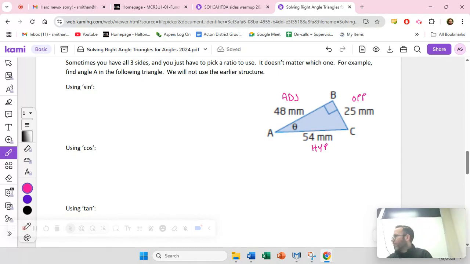Math makes sense all the time. So using sine, I would do sine of theta, sine of A, doesn't matter, equals 25 over 54. I would show what I'm putting in my calculator.